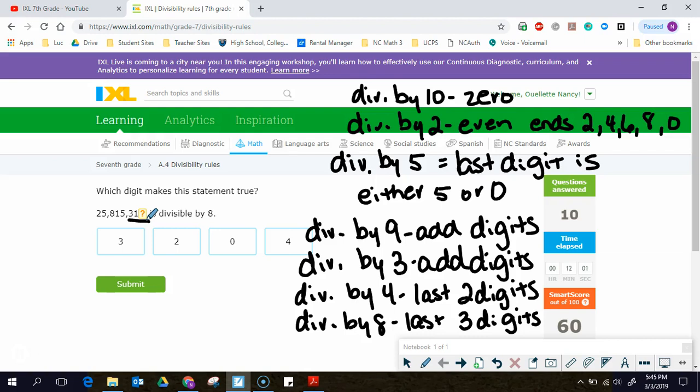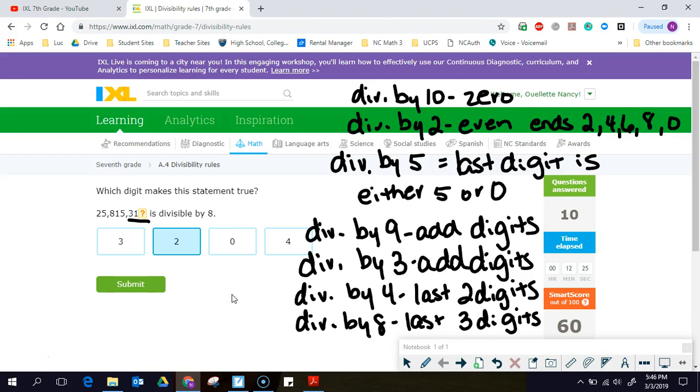I know that 312 is divisible by 8, so I know that I'm going to choose the 2, but I'm supposed to choose all the possible answers. So let's see, I know 313 is not going to work. 312 is divisible by 8, then 320 is not going to be.